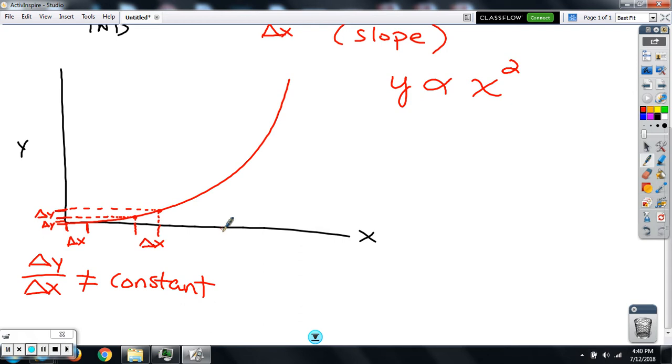And I'll do it one more time just to show you. Again, we're going to cut this up into an equal slice here, so that I have not changed delta x at all. And now I'm going to go up to the graph, and I'm going to see how much y has changed in that same delta x amount. And you can see now that as we move to the right on our graph, delta y is increasing.